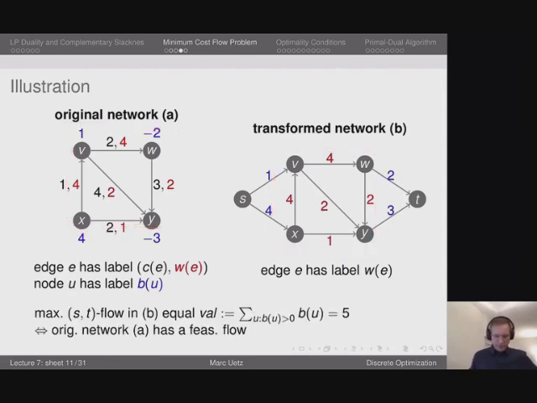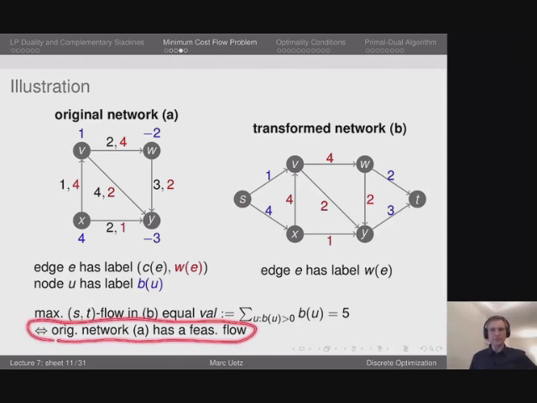So the maximum S-T flow in the right-hand side network, if that has a value which is equal to 5, so in general that would be the total sum of all the supplies of the supply nodes, which here is equal to 5, which anyhow must be equal to the total sum of all the demands. If that is equal to 5, then we have a feasible solution to the original problem.